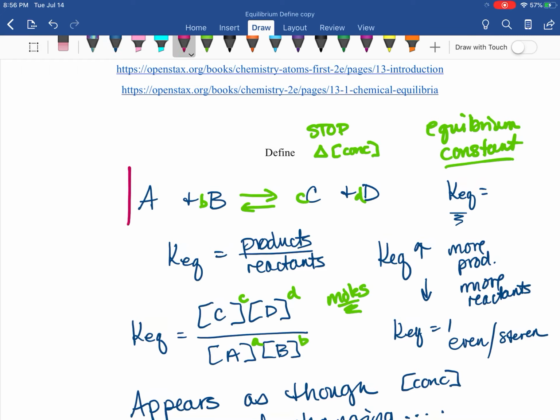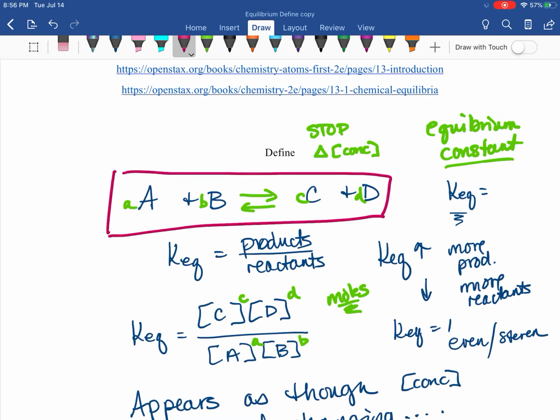Okay, so in our first two videos on equilibrium, we defined a general reaction. For any reaction, we've defined that we're always going to look for or be given an equilibrium constant.